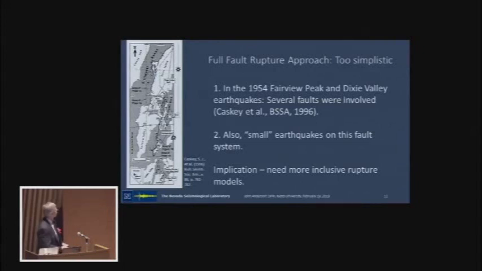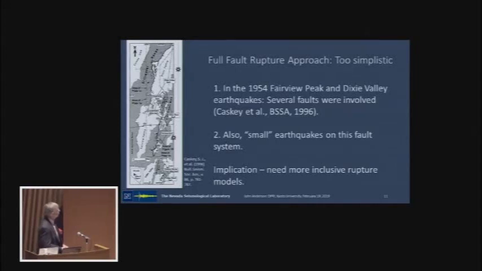And I realize this is a rather poor figure, but it comes from a paper by John Caskey and others describing the 1954 earthquakes in the Reno area. This is the last set of magnitude 7+ earthquakes in the state of Nevada.